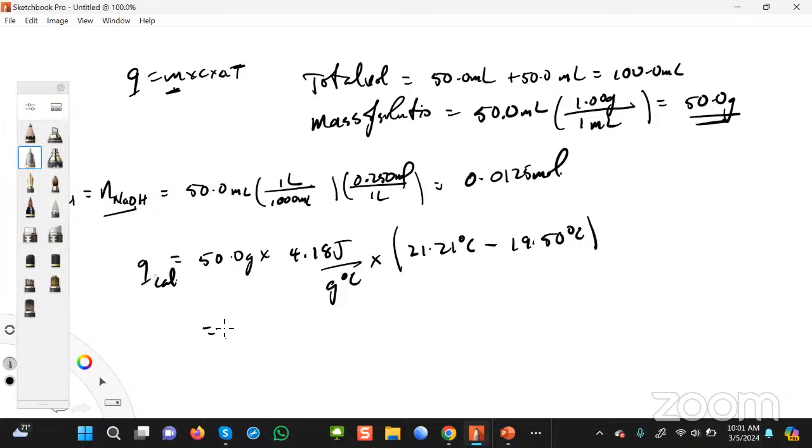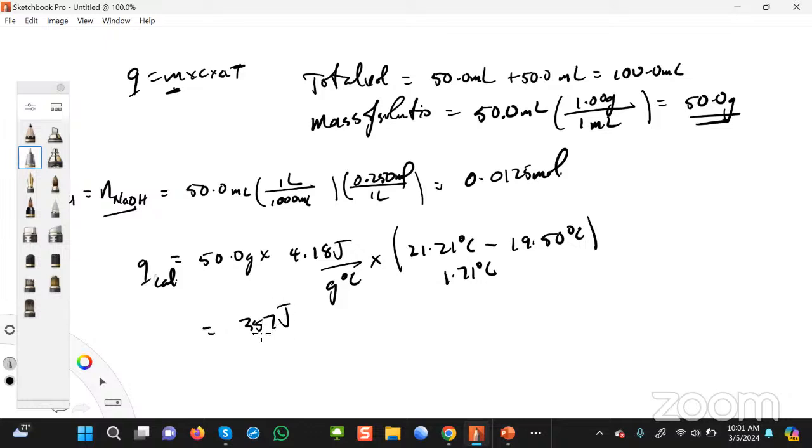So that would be 50 times 4.18. Oh, you know what? Let me work out what's within the parentheses first. 21.21 minus 19.50. So according to my calculations, this part works out to be 1.71 degrees Celsius. And then I'm going to multiply that by 4.18 times 50. So rounded off to 3 sig figs, according to my calculation, that would be equal to 357 joules.